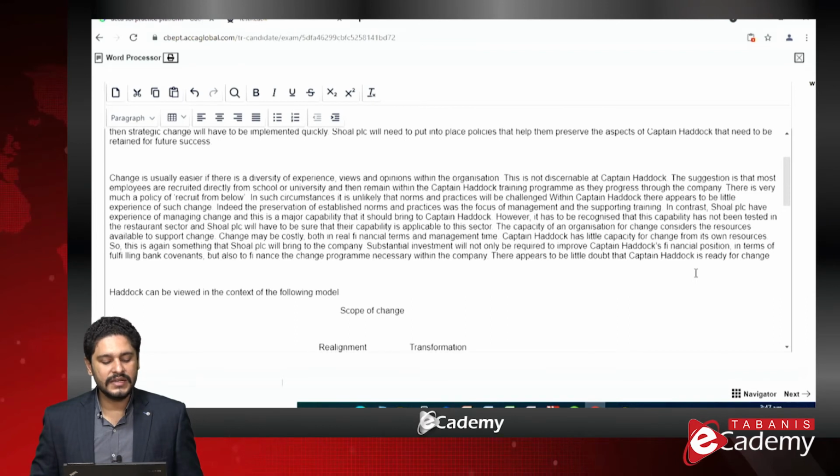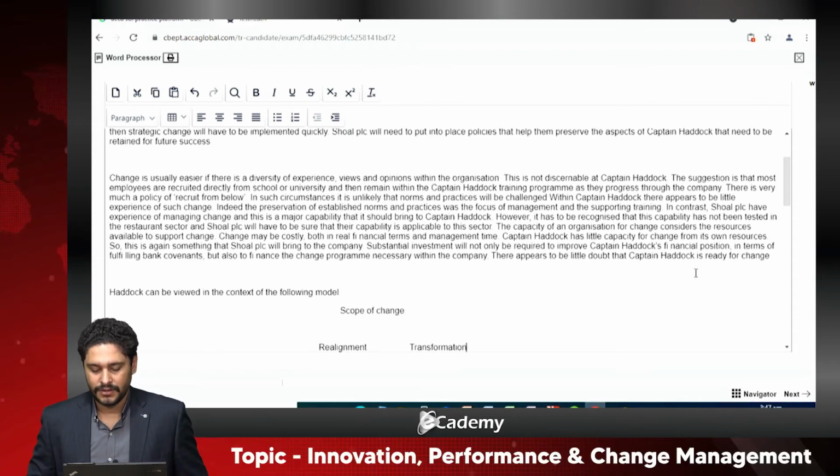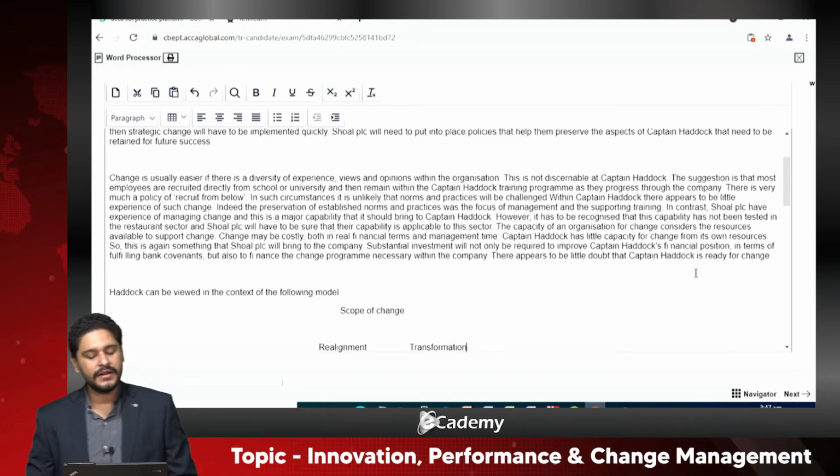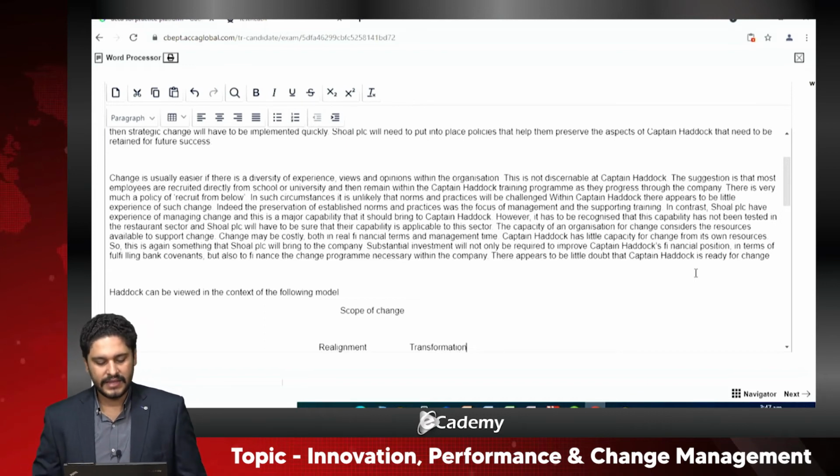Change is usually easier if there is a diversity of experience, views and opinion within the organization. This is not discernible at Captain Haddock's. The suggestion is that most employees are recruited directly from school or university and then remain within the Captain Haddock's training program as they progress through the company.